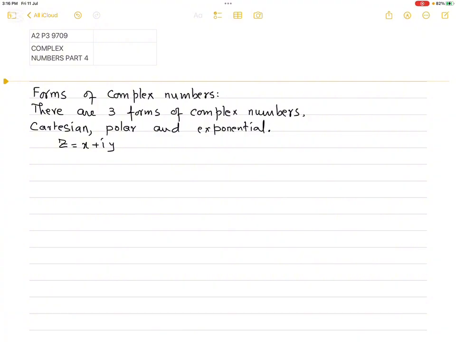We also learned how to calculate modulus and arguments. In our first lesson, there is a connection between modulus argument form or polar form. Our polar form is also known as modulus argument form. Let's check this diagram.